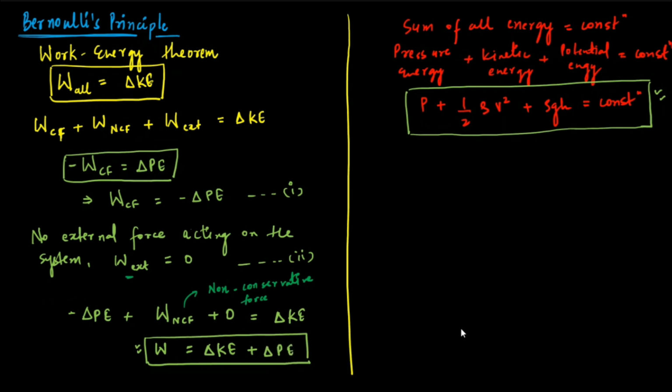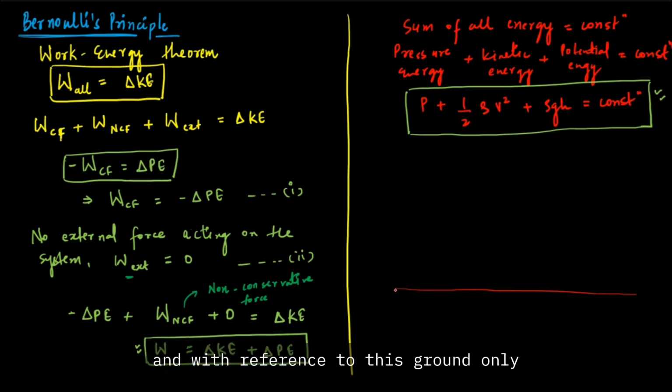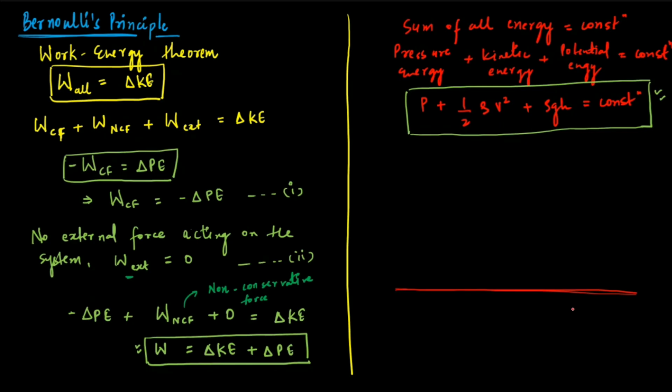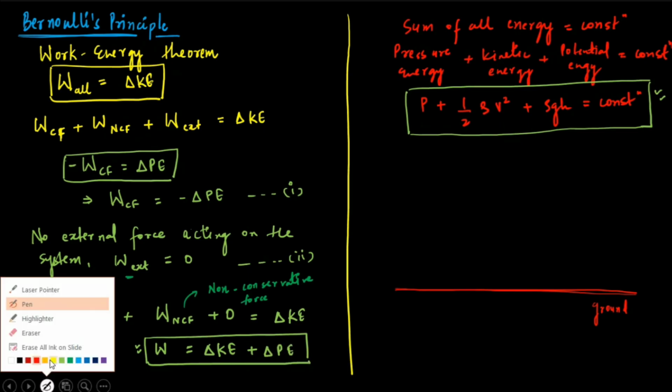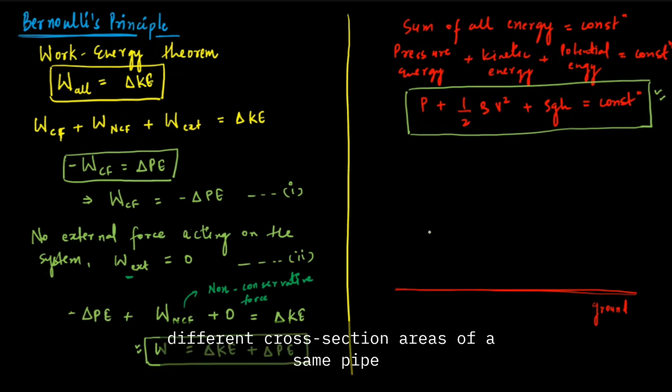So first of all, I'm assuming that there is a ground, and with reference to this ground only, we are going to understand how the pipe is positioned. So I'm taking different cross-section areas of the same pipe.